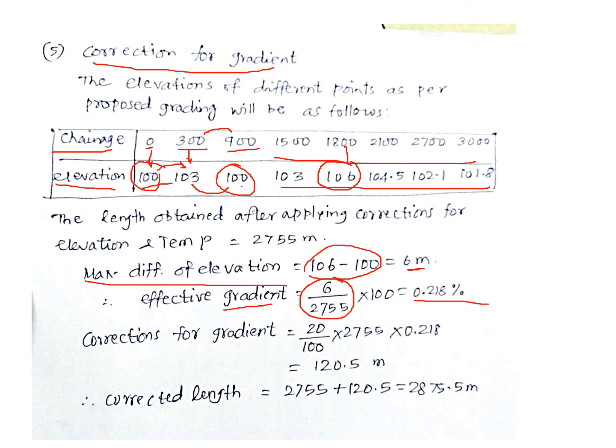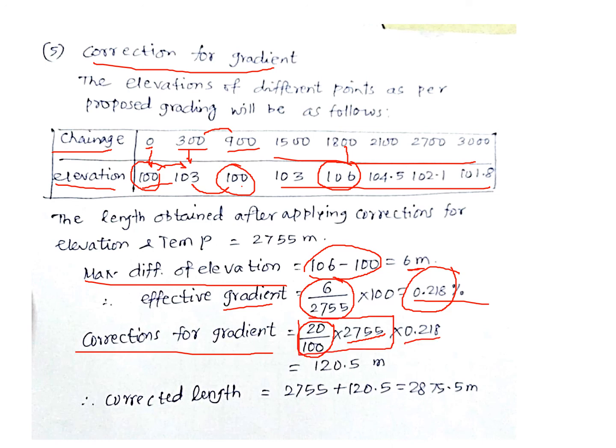After having calculated this, we go for the correction for the gradient. It is said that for the gradient there should be a 20% increase applied to the combined corrected length. So the question is, for 0.21%, how much will it be? Again by cross multiplication, this combined length is multiplied by 0.21, because that is for 1%.